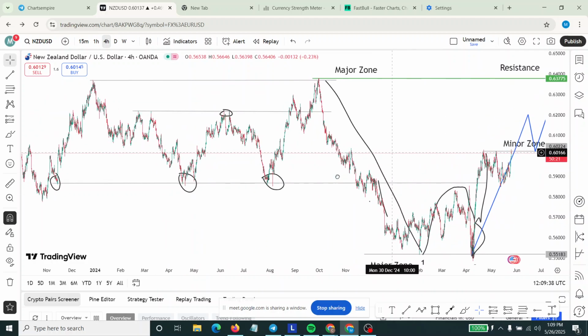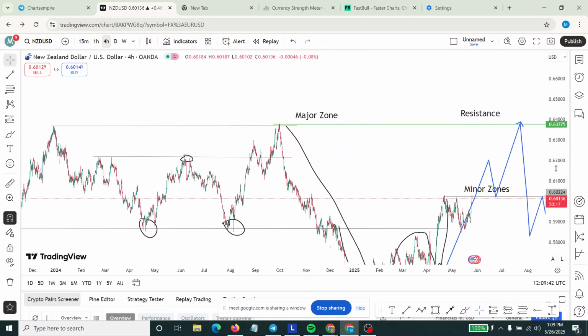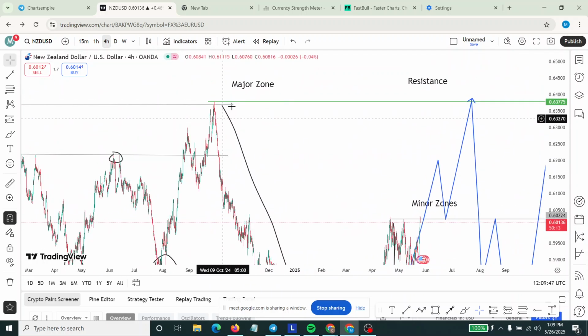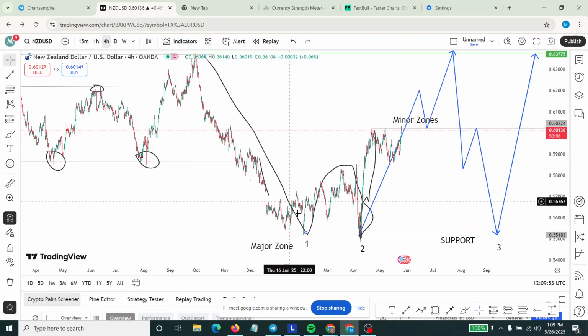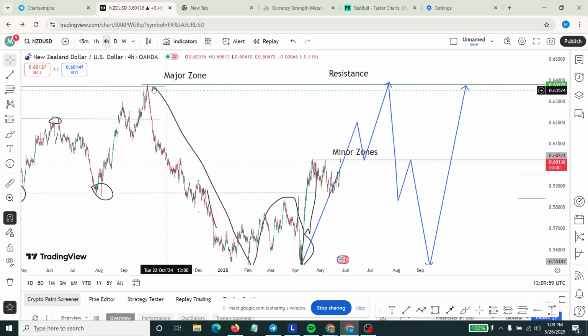The reason why these places are major zones is simply because if you look at this resistance, this was the last place the market started falling from. Okay. You understand? So with this one now, we can say this is a major resistance because this was the last place the sellers started selling the market from.